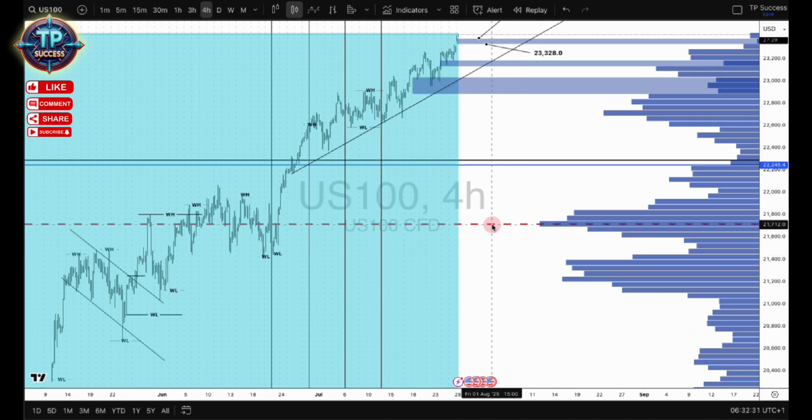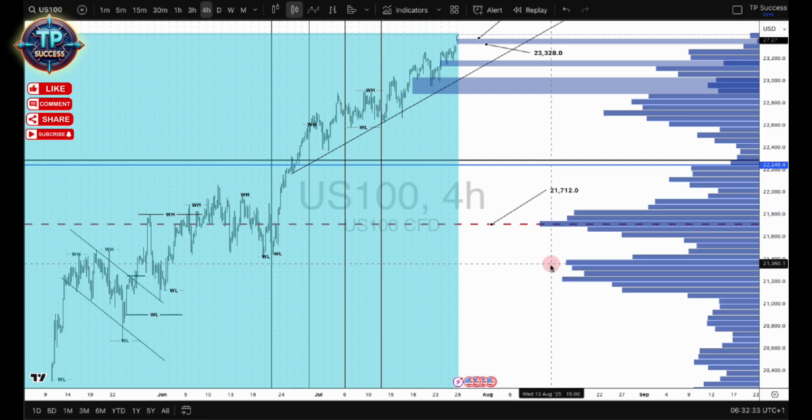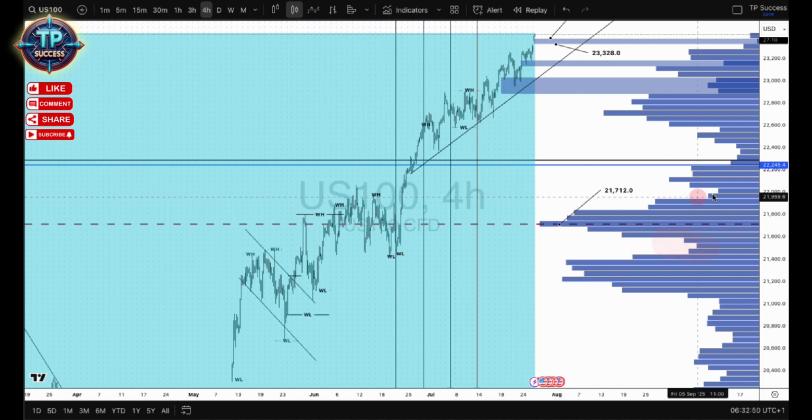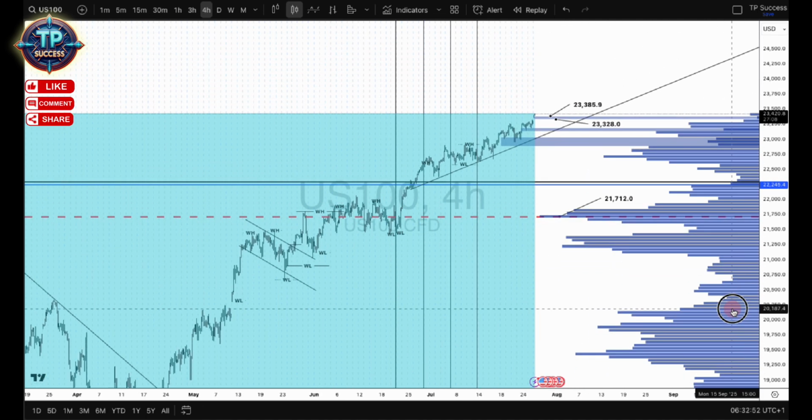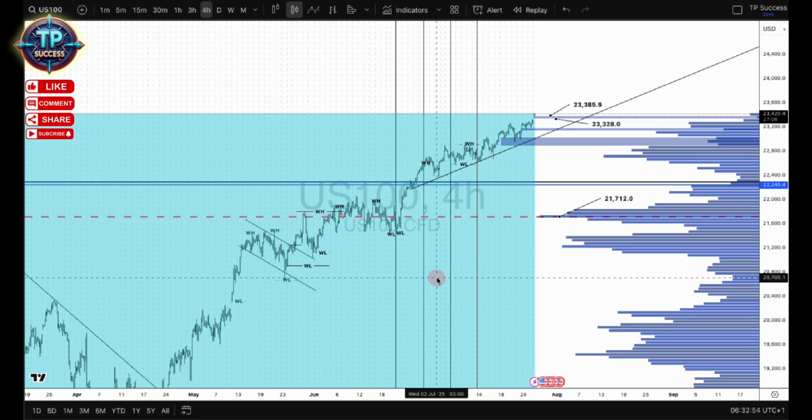We just want a dead on point of control. So 21,712.0, right? So if I get price come down to this level and starts to move away, or especially if it visits this low volume node area down here and starts to move away, that would be the perfect place for me to actually stick in some buys and ride it up to the upside, okay?